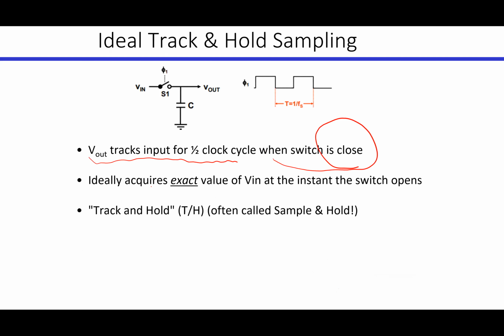And we try to capture the exact value of the VN at that particular instant when the switch opens. Once the switch is open, the last value that was stored on the capacitor, we want to hold it until the next clock cycle comes. And therefore, this is what is known as track and hold. Again, we usually refer to it even as sample and hold.